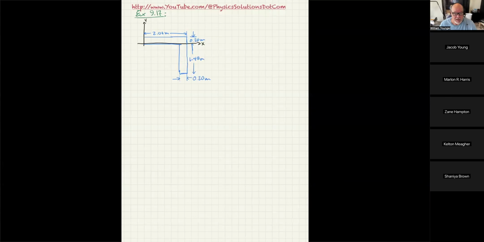Okay. Now, they didn't give us anything about mass, but we know that we can do this by basically realizing that this thing is made of an L-shaped flat object. So it's a flat object. It's probably very thin. And in fact, the area that we see is proportional to the mass.